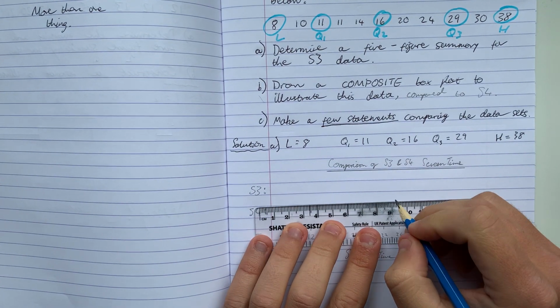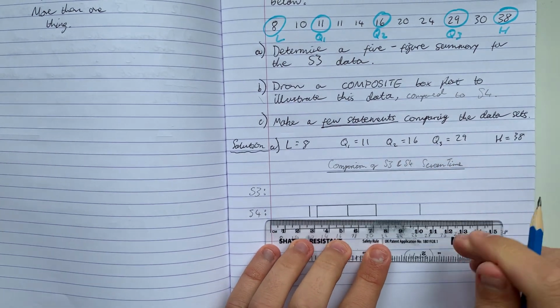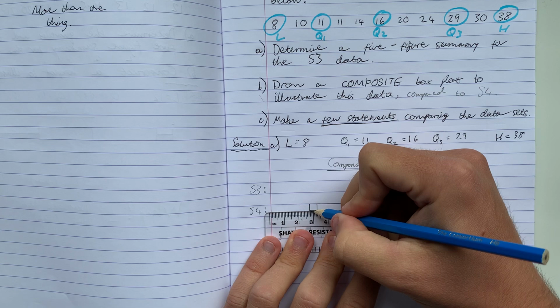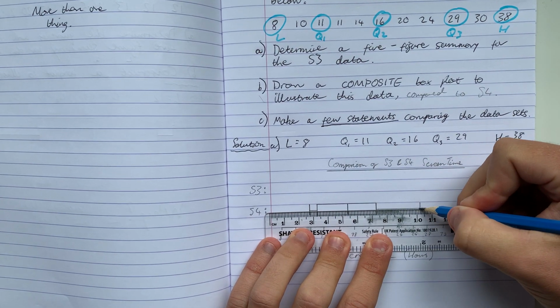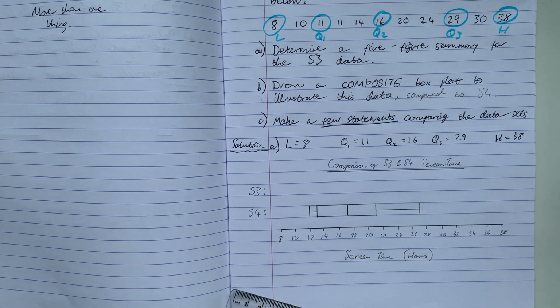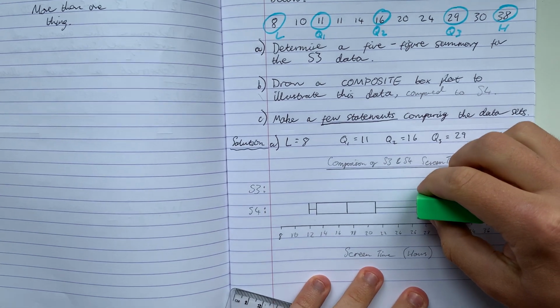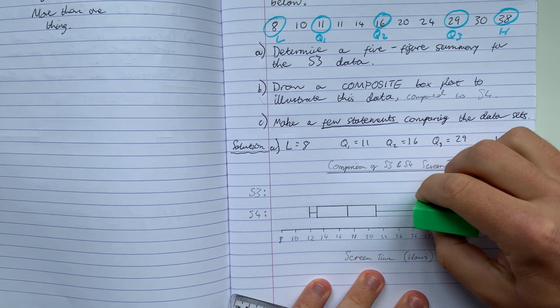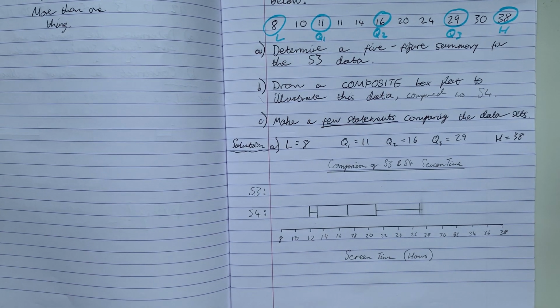Connect up my box, and remember it can sometimes be called a box and whisker plot because you need to connect up your whiskers, like so. Okay, so there is my box plot. Just keep that nice and neat, we don't want that wee bit sticking out there. It doesn't want to rub out, so we'll just leave it.